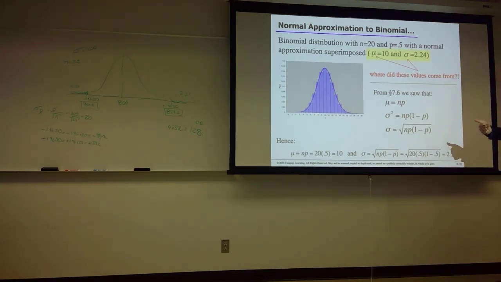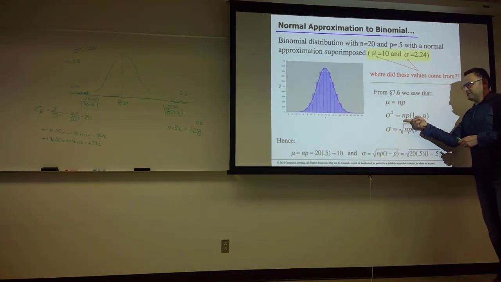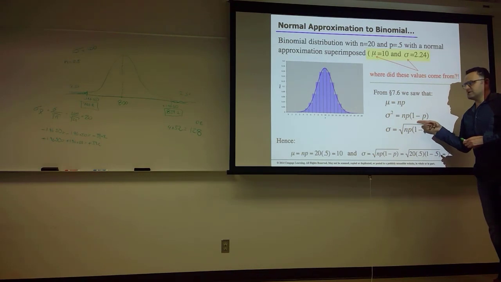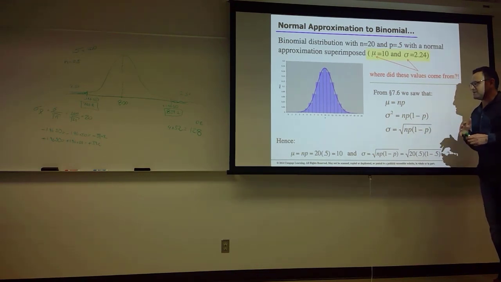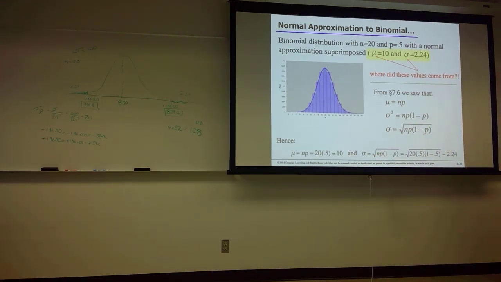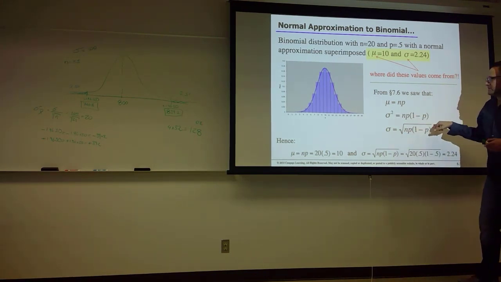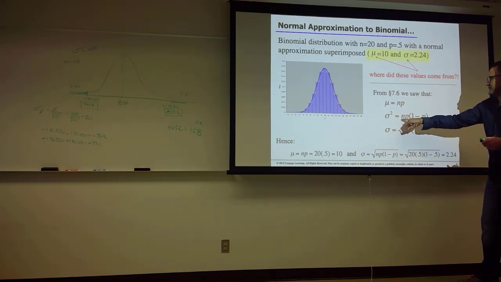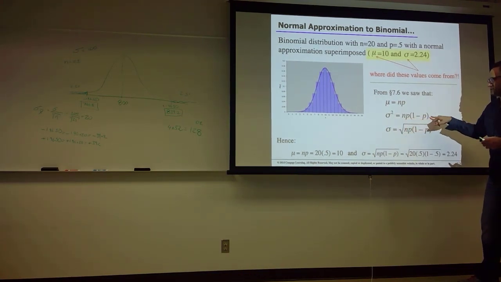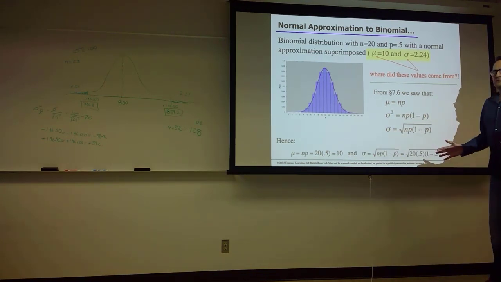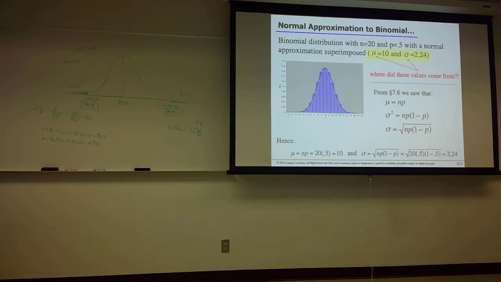Now the variance is this formula that we use, n times p times 1 minus p. I talked about that in class too, so I won't go too much in depth, but we just need to plug in the values. N is 20, p is 0.5, so n times 0.5 times 1 minus 0.5. And then the standard deviation, as always, is just the square root of the variance.